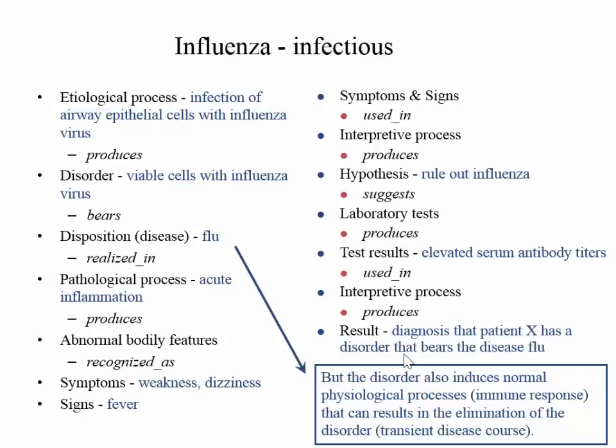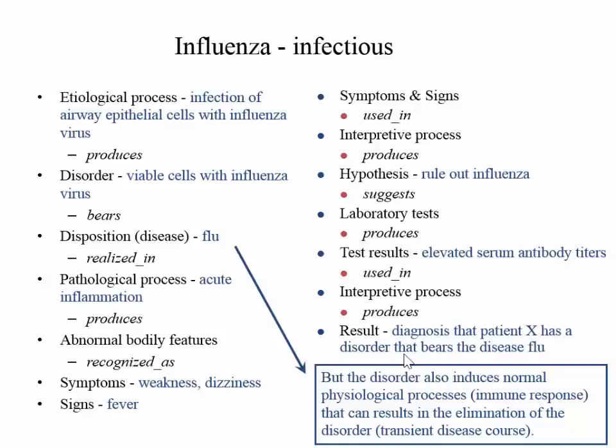It's not the flu, it's your body curing the flu. And so OGMS has an account not just of clinically abnormal processes, but also of clinically normal processes, which are the body's normal response to the clinically abnormal dispositions which the body acquired.